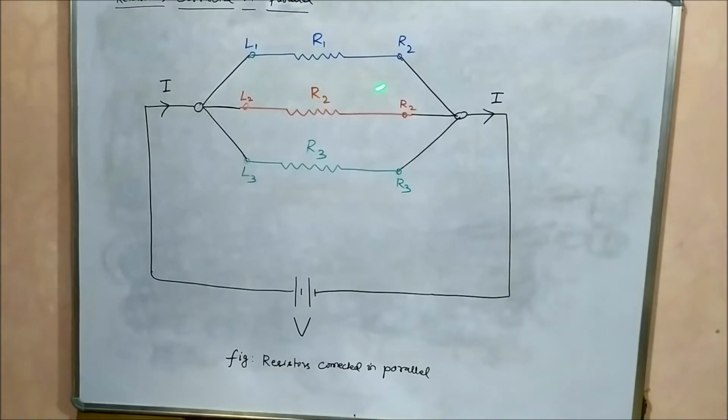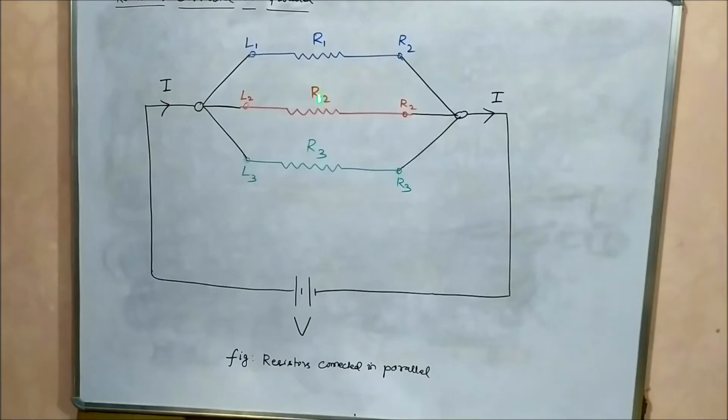But here you can see the left ends of the resistors are on one side, the right ends of the resistors are on another side. The left ends are towards the left side, the right ends are towards the right side. All the left ends of the three resistors R1, R2 and R3 are connected at one point.